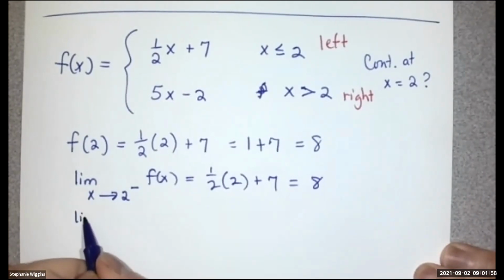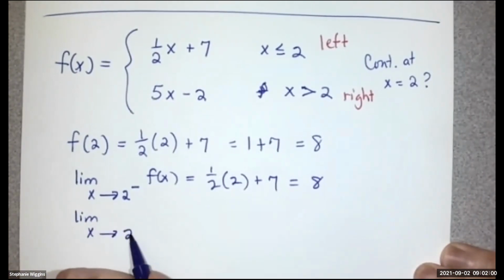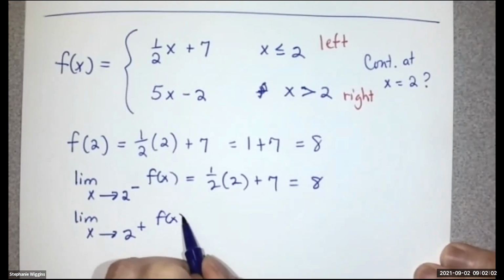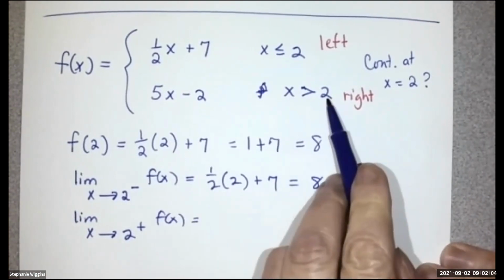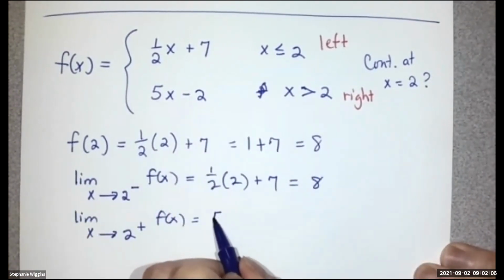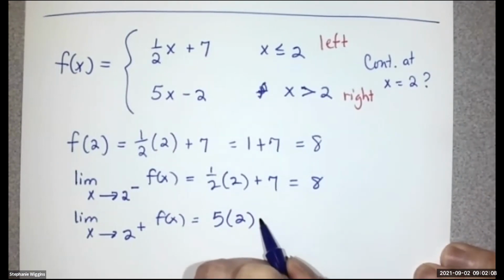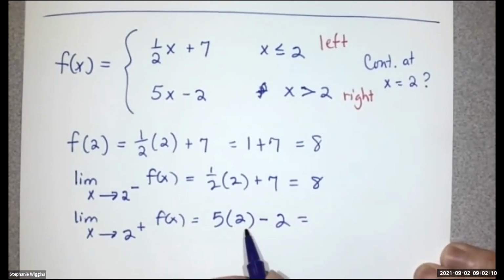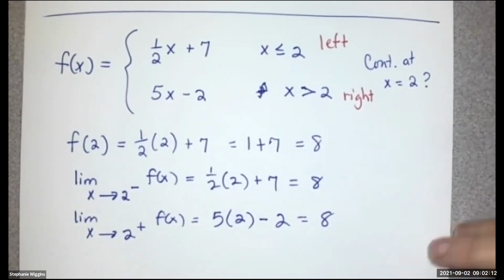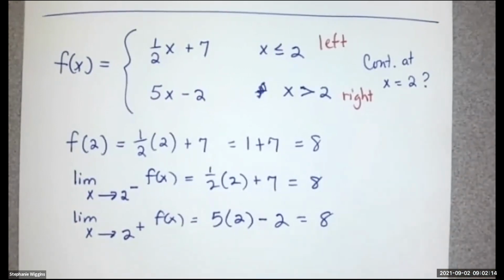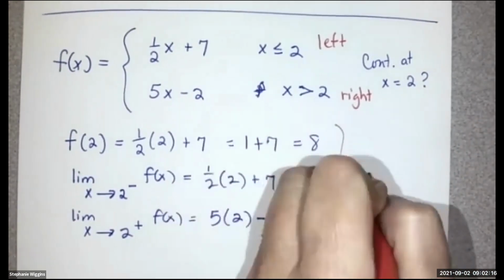And then we're going to do the right hand side. Now we're going to use this one. So 5 times 2 minus 2. So it's 10 minus 2, is 8. They all agree. And so therefore it's continuous.